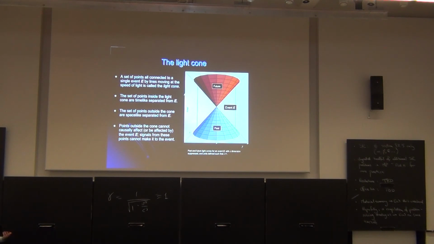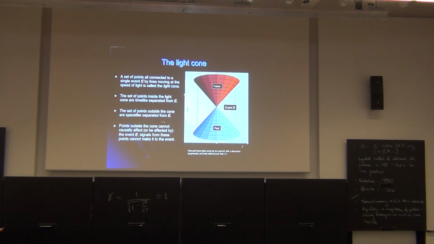You can start to see if you can reconcile this with the definition of that delta s squared vector. Outside of these cones, so in the regions that are not colored, points out here are related to this by a so-called space-like separation.